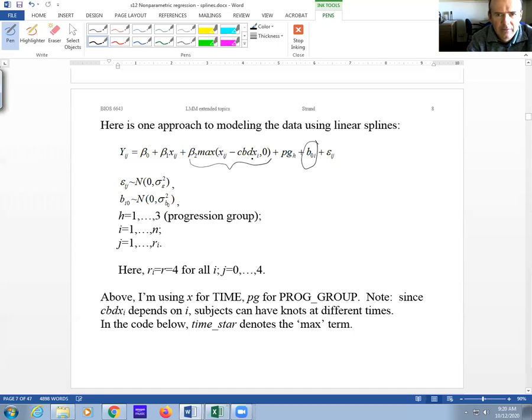So this is one added feature that I have: I'm allowing the time that they change to be subject specific. And I do that simply by allowing each subject to have their own knot. The time that they progress is going to be different. I do have an H here, so I actually could have added an H on this side, make that Hij. But you get the point.